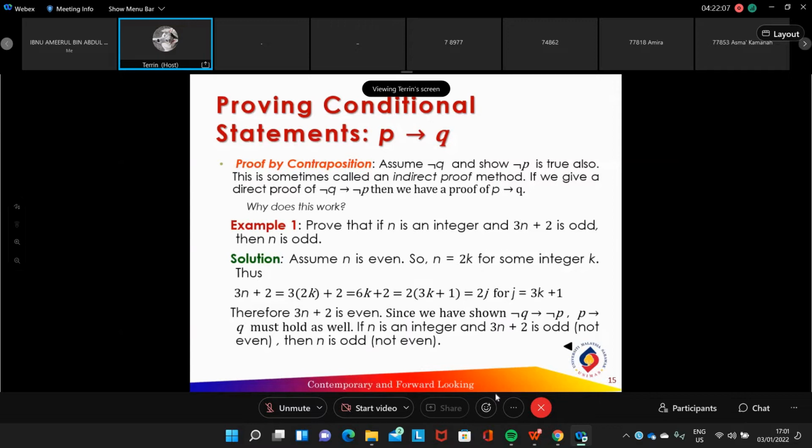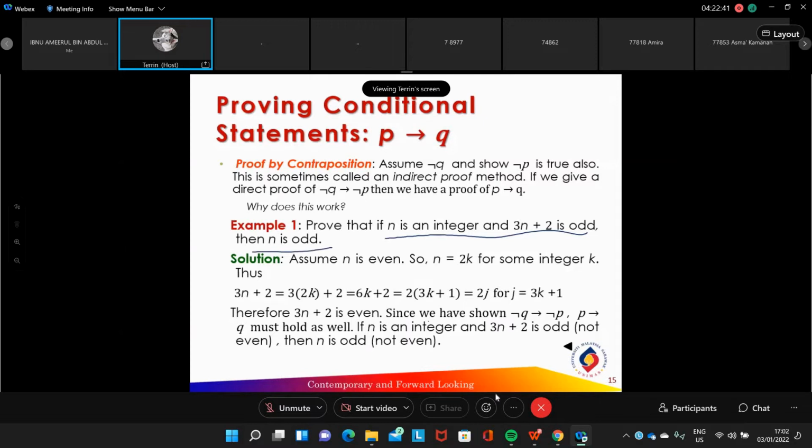So prove that if n is an integer and 3n plus 2 is odd, then n is odd. So in this context here, your P is saying that in the two states like this, where n is an integer, and then that integer times 3 plus 2 gives you an odd integer, show that n is odd.